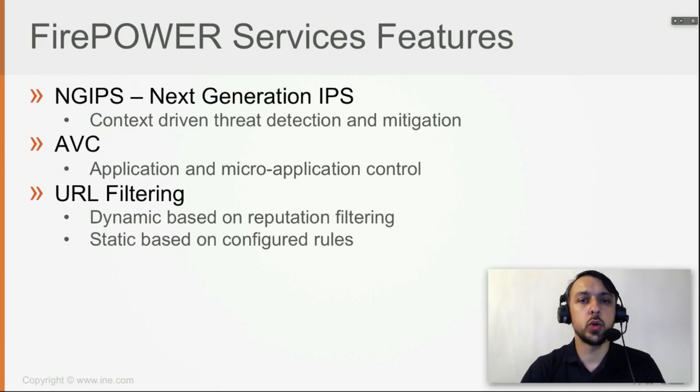So for basic URL filtering, you don't need application visibility and control, because regardless of the session type, whether it's HTTP clear text or HTTPS, which is encrypted, you still have enough clear text data in the session's header to identify the destination URL the user is trying to access, and whether it's allowed or not, based on the reputation of the destination or on the statically configured URL filtering policies based on your company's internal rules.